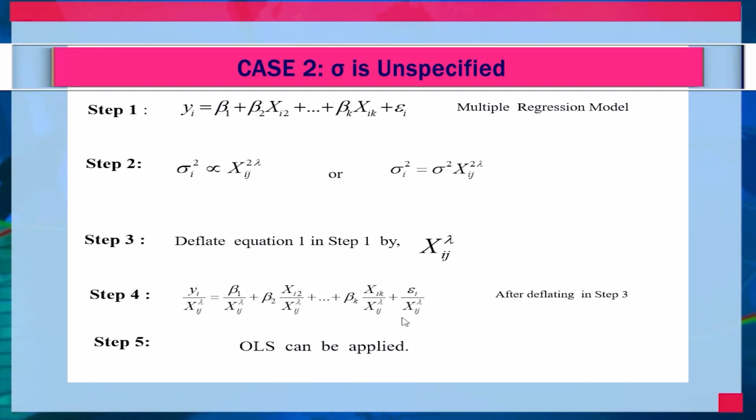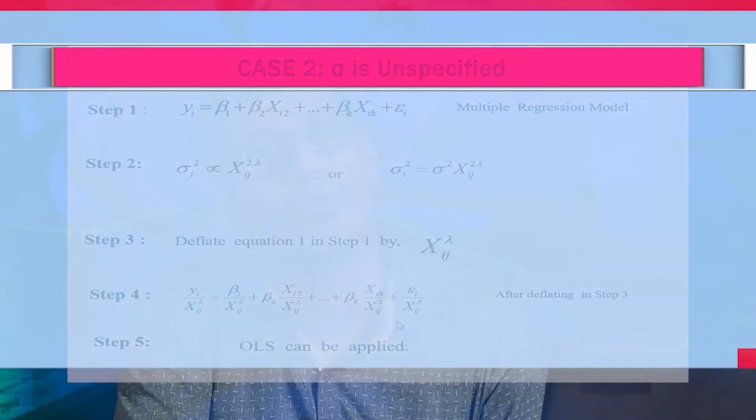And thereby we can apply the OLS, provided the last term gives us a constant variance. So in these two cases we observe that depending upon the nature of the problem, the rectification can be done, and here we can apply the GLS provided that the weights are taken up, and thereby we can go for the ordinary method.